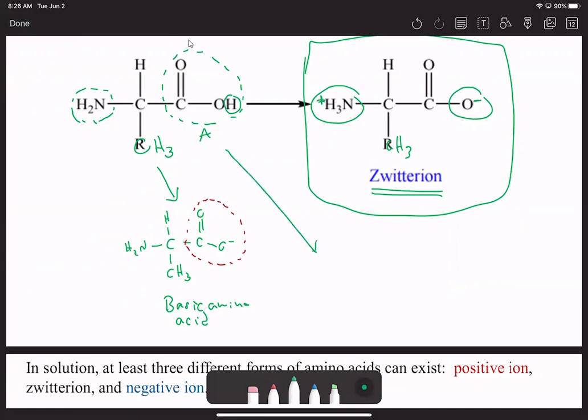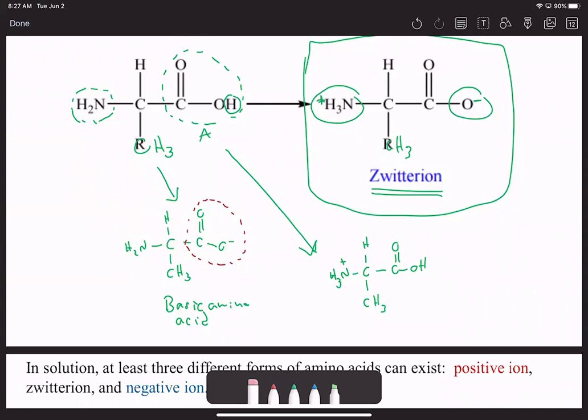That this becomes, if we only ionize the base portion of it, well, we still maintain this carboxylic acid.